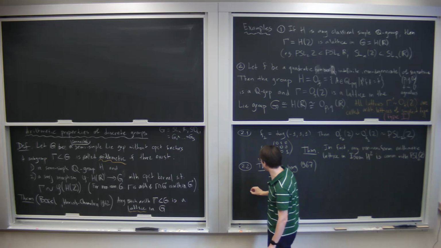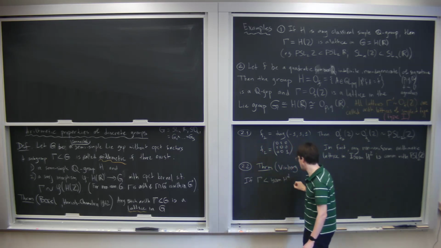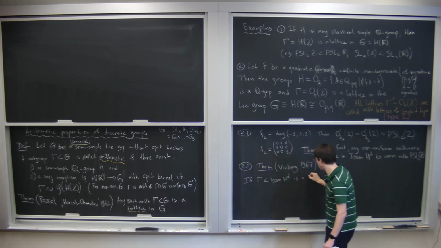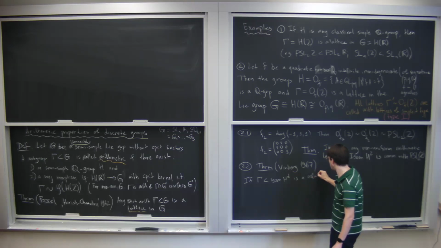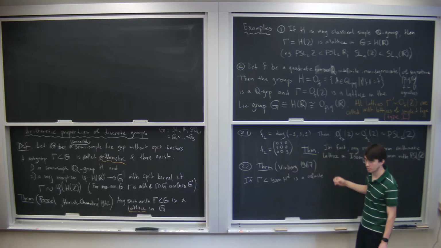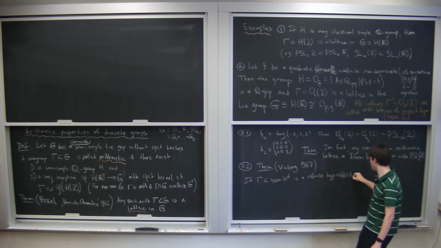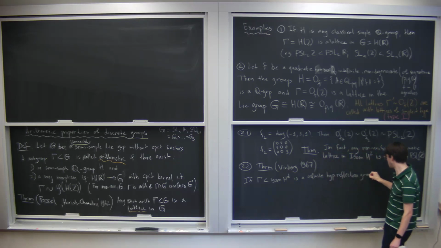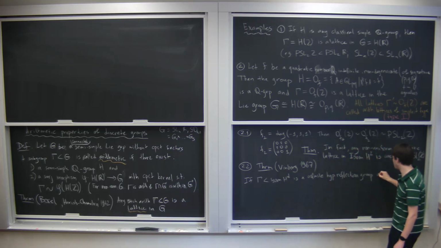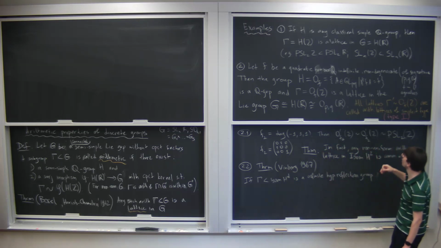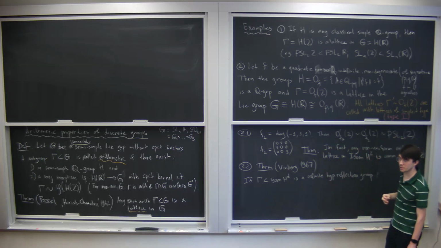If gamma in Isom(H^d) is a cofinite, which means finite covolume, hyperbolic reflection group, then it can be arithmetic only if it is of simplest type.